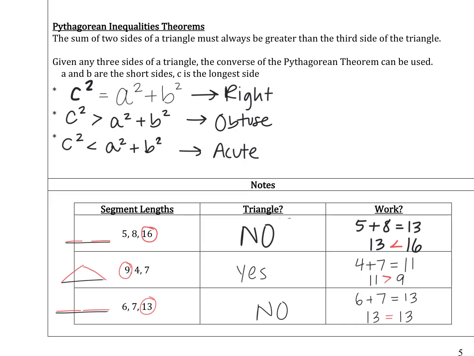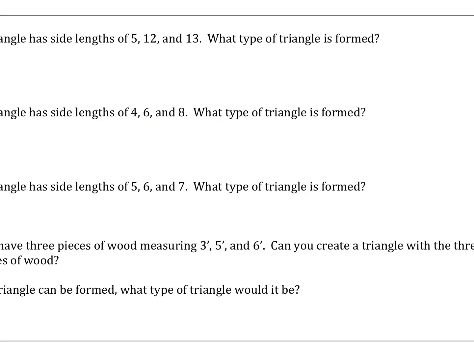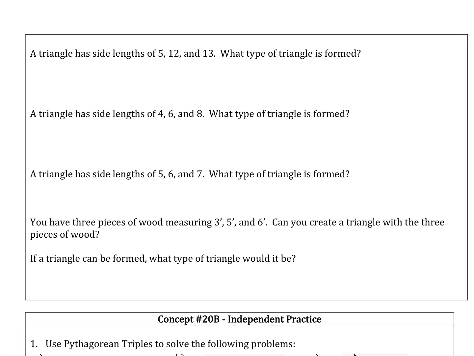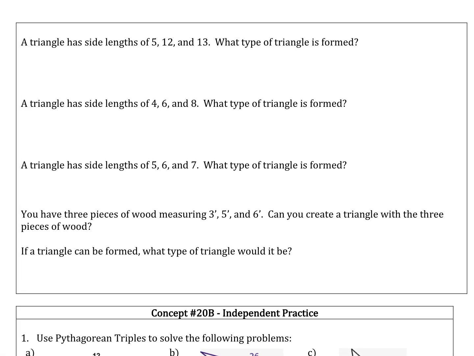It is obtuse. So that's the second one here. Then you have to square all the sides. Maybe you can look at this and know right away. 5, 12, 13 is a right triangle. It's a Pythagorean triple. But if you don't notice that, then you use the theorem.